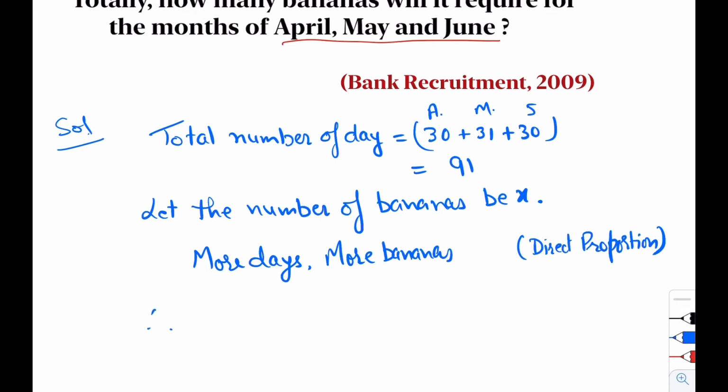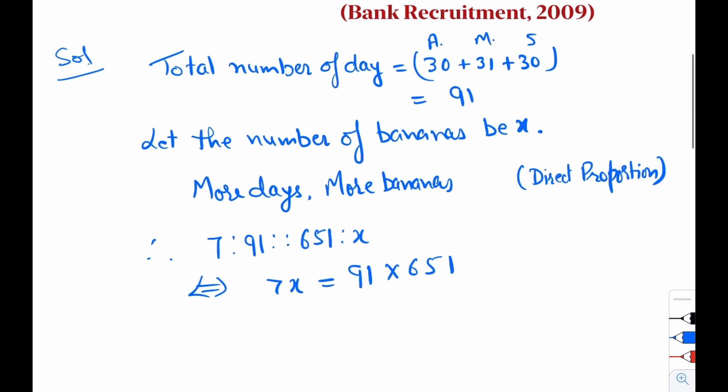Therefore, 7:91 proportion 651 to x, and this is 7x equal to 91 into 651.